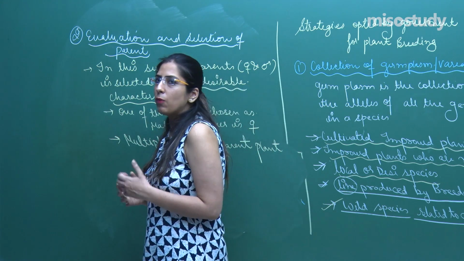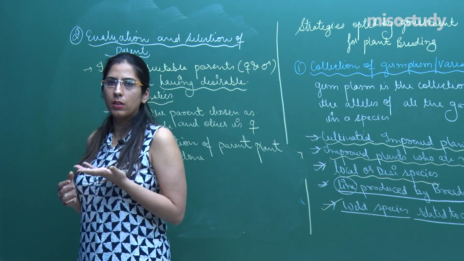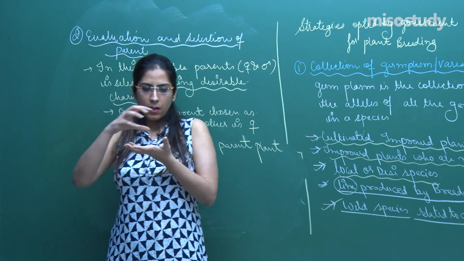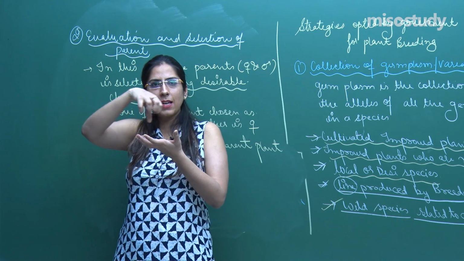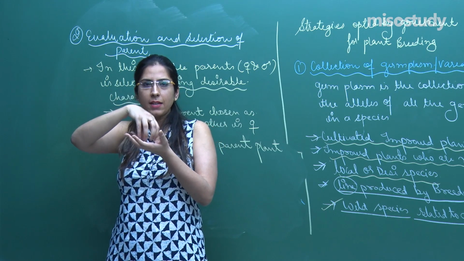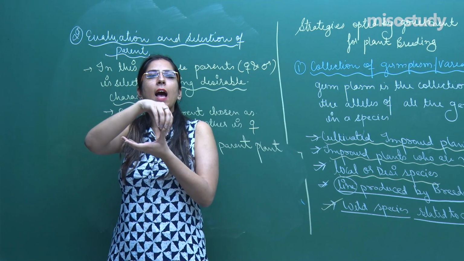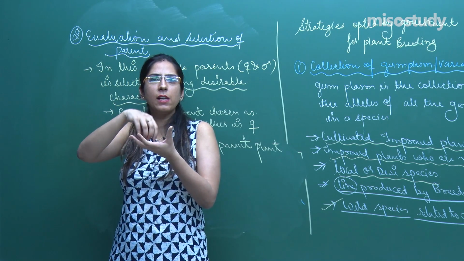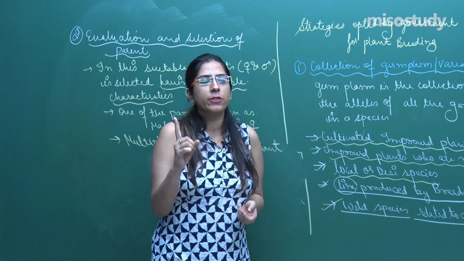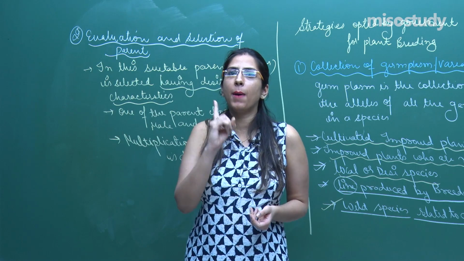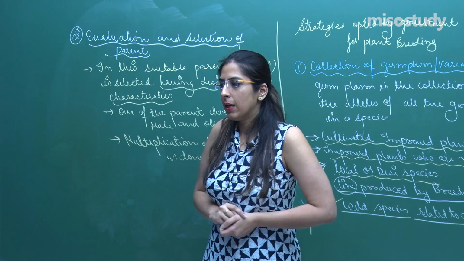The reason behind removal of this anther is that otherwise, if the anthers are not removed, there are chances that they may self-fertilize because the stigma is present over there. They have their own anther. The chances that self-fertilization may occur in these species. So, what I will do, first of all, is removal of the anther, as the bisexual flowers are there.